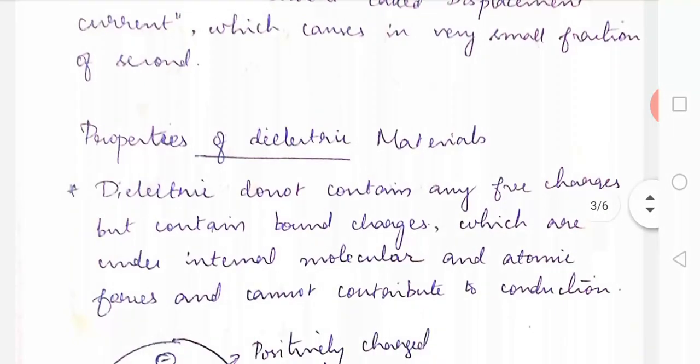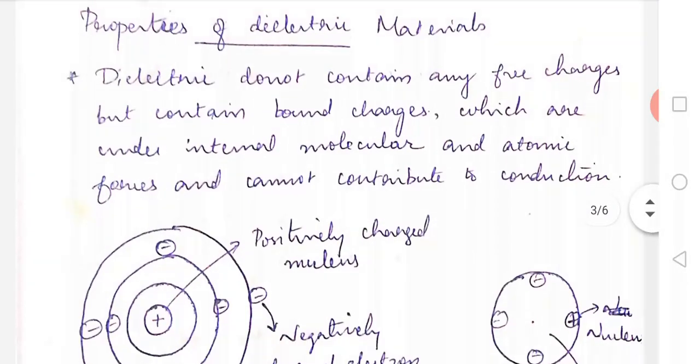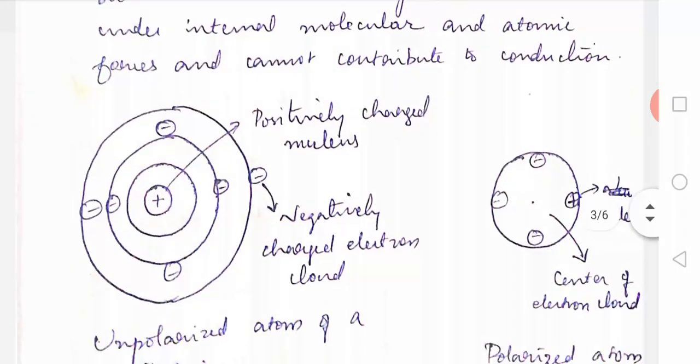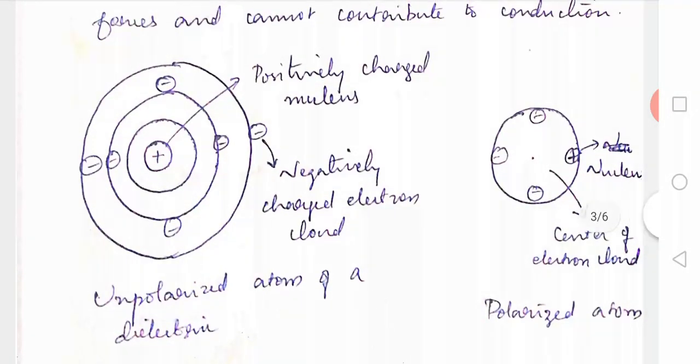Now, as we saw the properties of conductors, there are properties of dielectric materials. A dielectric does not contain any free charges but contains bound charges which are under internal molecular and atomic forces and cannot contribute to conduction.